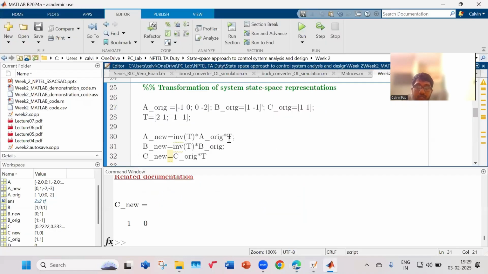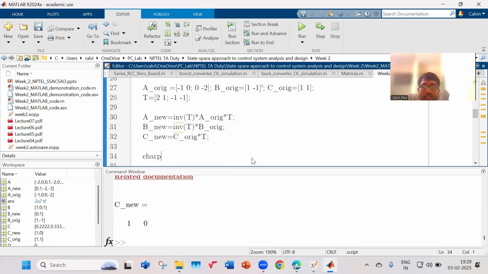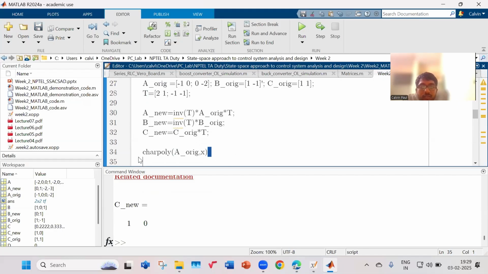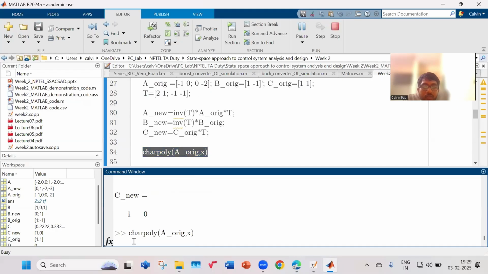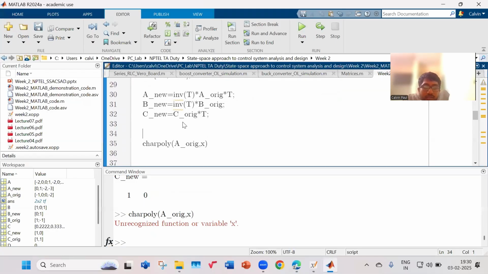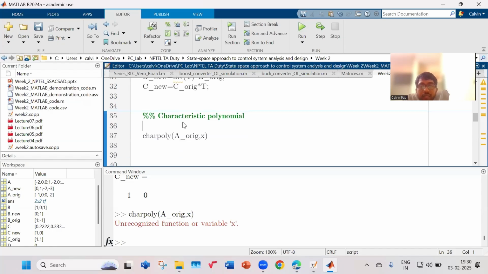So now let us find the characteristic polynomial. Okay, there is a code. This is a characteristic polynomial of A original in terms of x. Let us find the characteristic polynomial of A. We want to define some variable x.